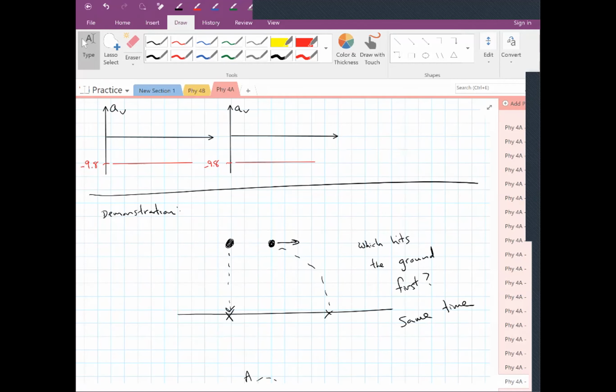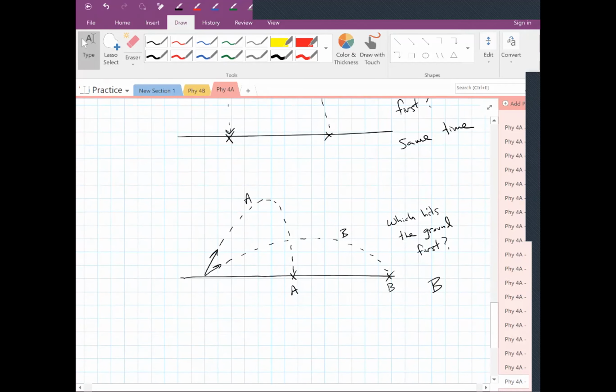We all agree with that. So let's pretend this ball is being launched horizontally and follows this path, and there's another one that's just being dropped and follows straight down. Those 2 would take the same amount of time to hit the ground.